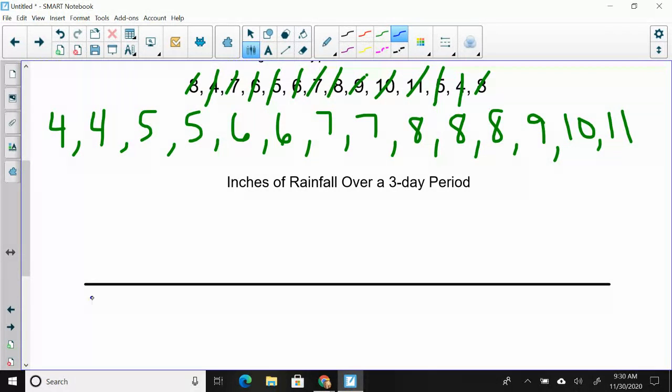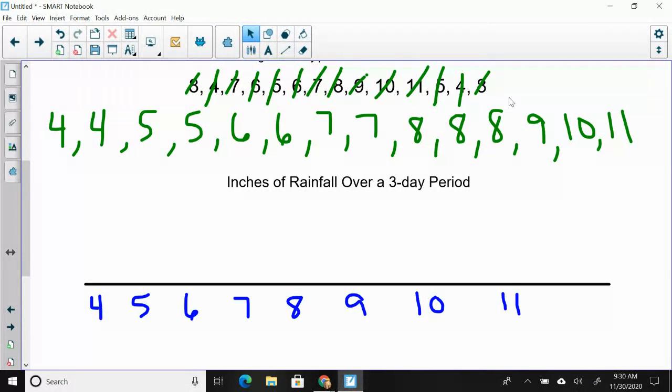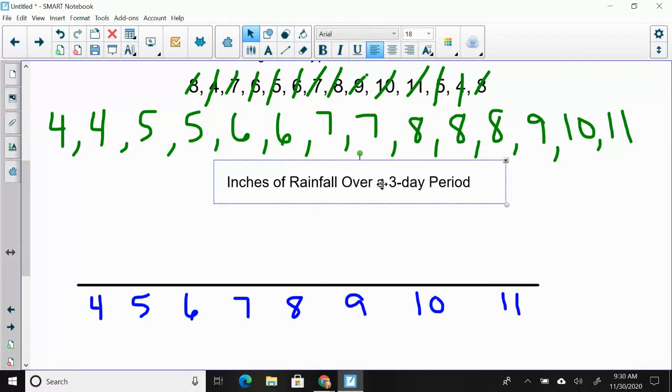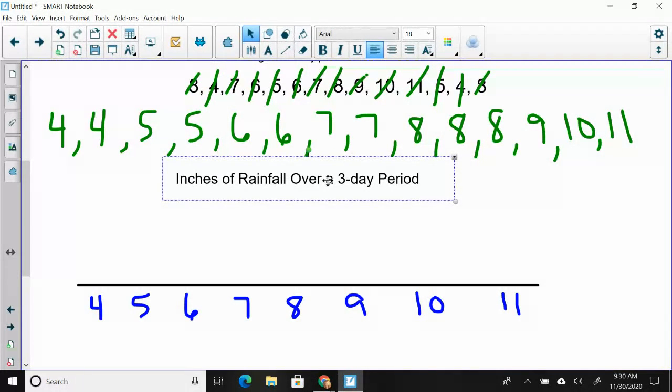So I'm going to start with 4, 5, 6, 7, 8, 9, 10, 11. And then I wanted to make my line just a little bit shorter. There we go.